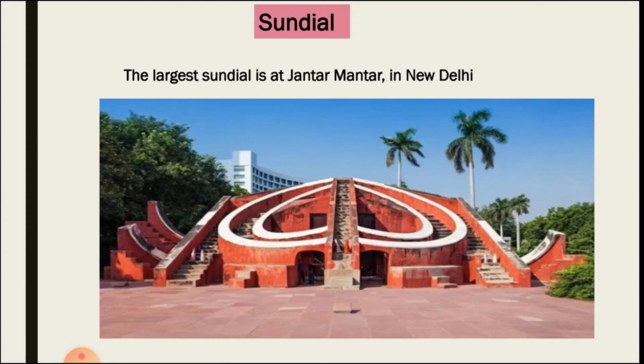In those olden times, we did not have any watch, so we used to use a sundial. The largest sundial is at Jantar Mantar in New Delhi. You can see the image of Jantar Mantar, which is in New Delhi.